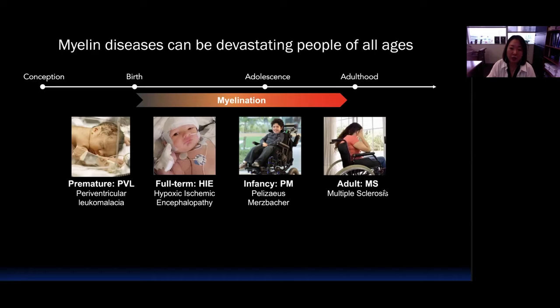Recently, late-onset diseases such as Alzheimer's disease or vascular dementia also cause lots of white matter damage. So this is the area that my lab is really interested in.